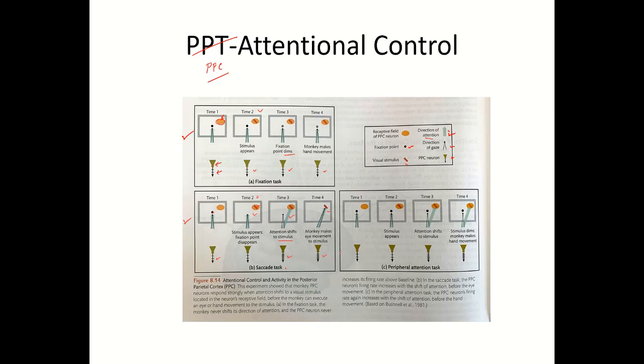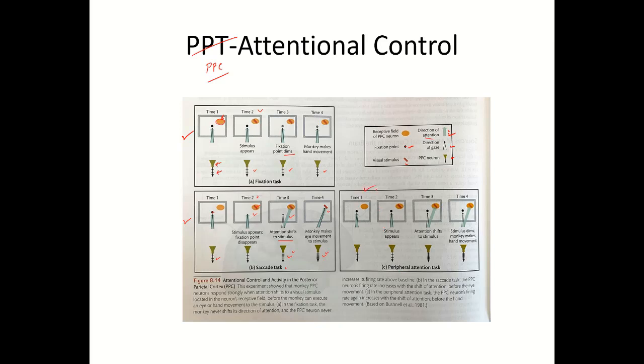So we know that posterior parietal cortex processes the attention as well as intended movement. So this is what you see here during attention as well as intended movement, grasping or moving the eyes. The firing increased.